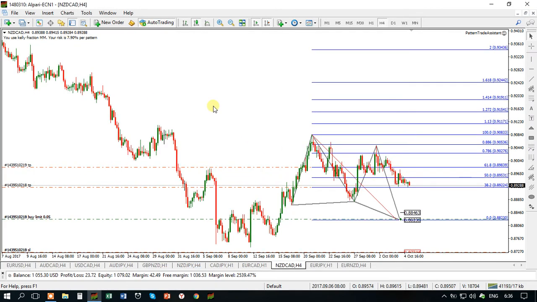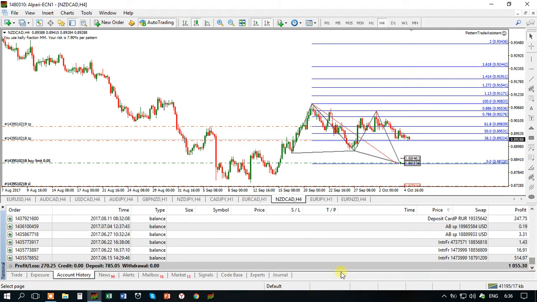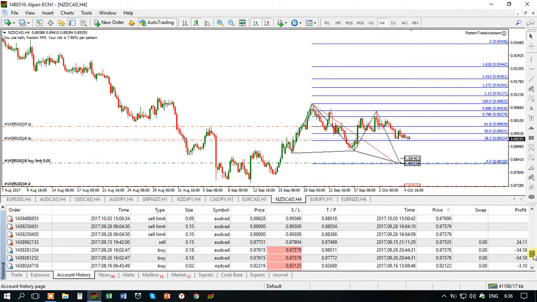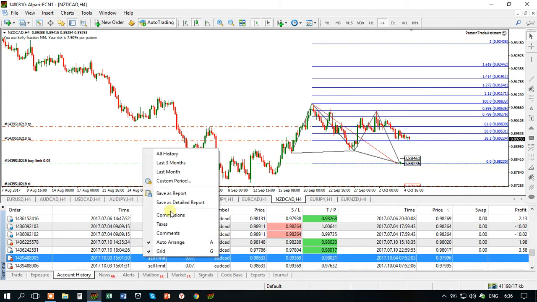So the performance of my trading, here's the history, balance, $3 balance, $1 balance. What are those? Balance, withdrawals.